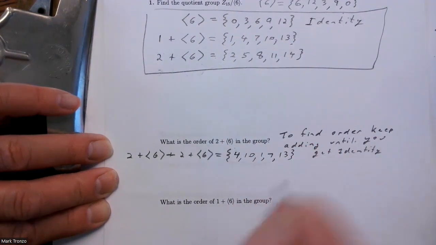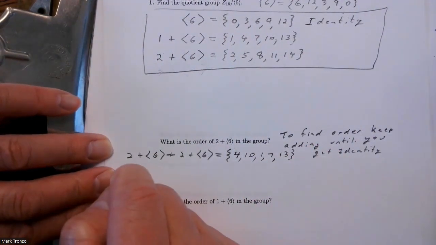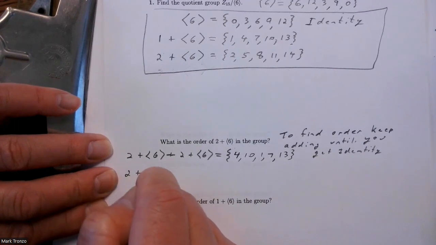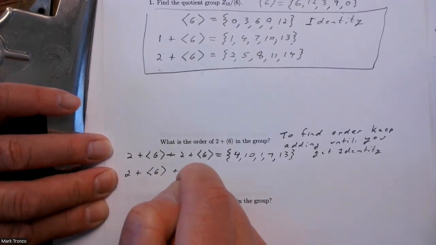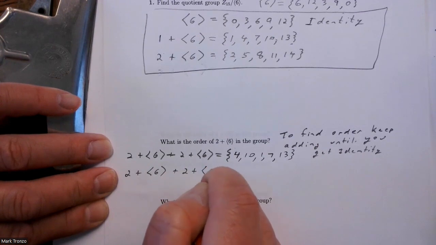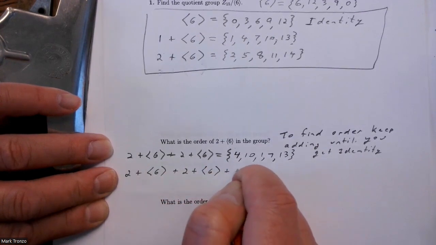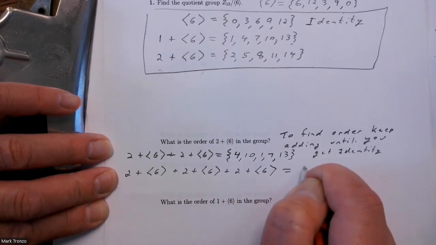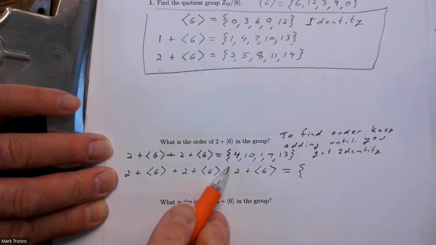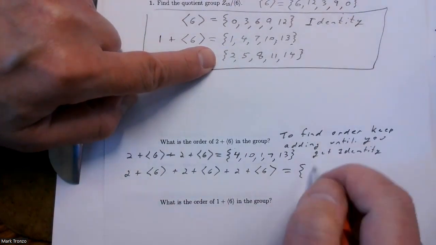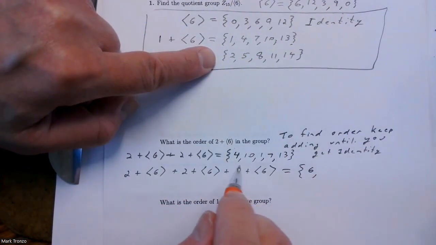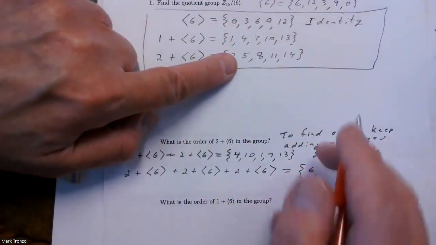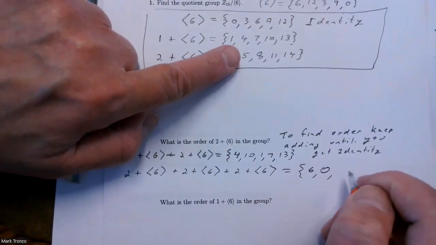So that's not the identity. So let's add it to itself 3 times. We'll take that one and add it to itself again. So I'll add this again. So it's going to be 6. 15 is going to be 0.